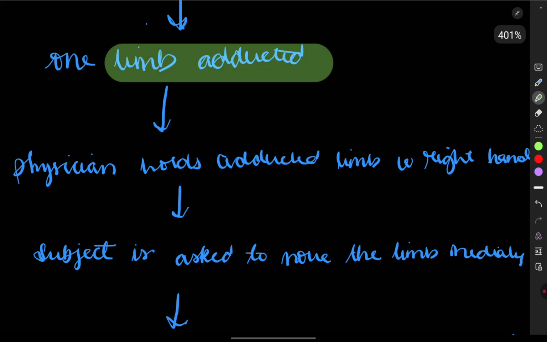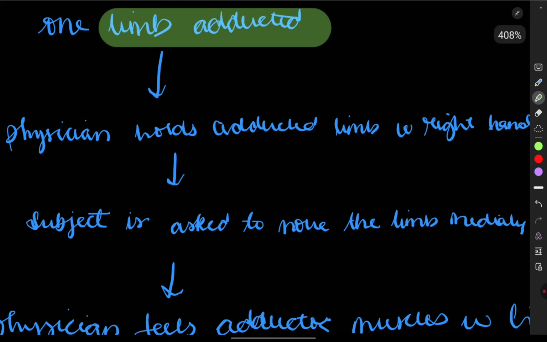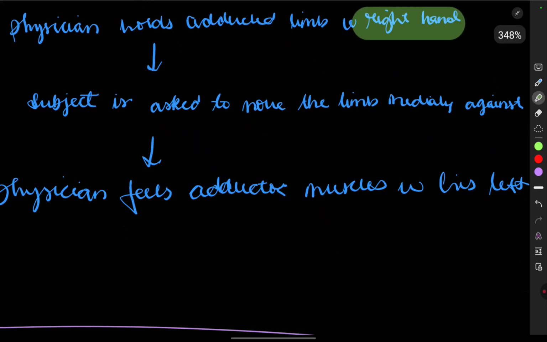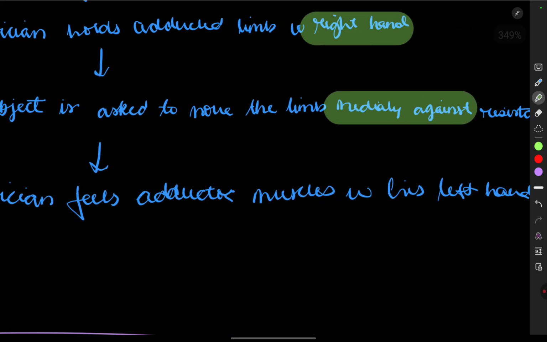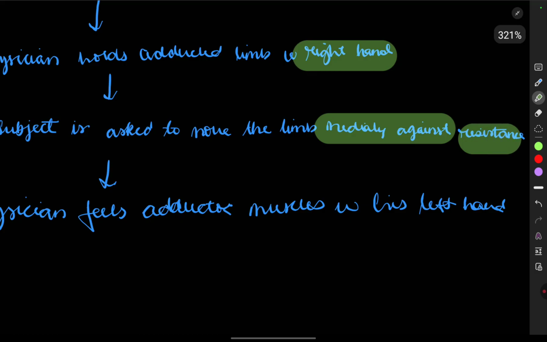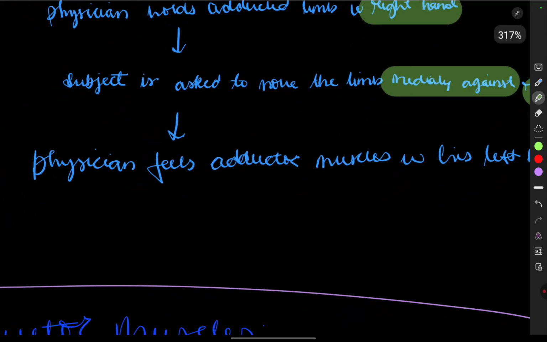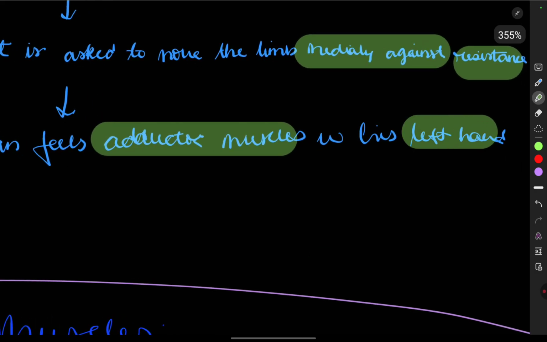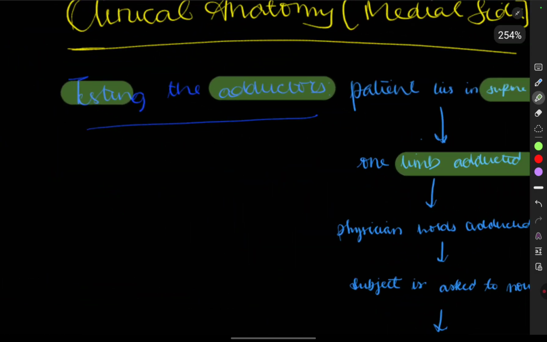The physician holds the adducted limb with his right hand, and the subject is asked to move the limb medially against the resistance of the physician's hand, and the physician feels the adductor muscles with his left hand. So this is about the testing of the adductors.